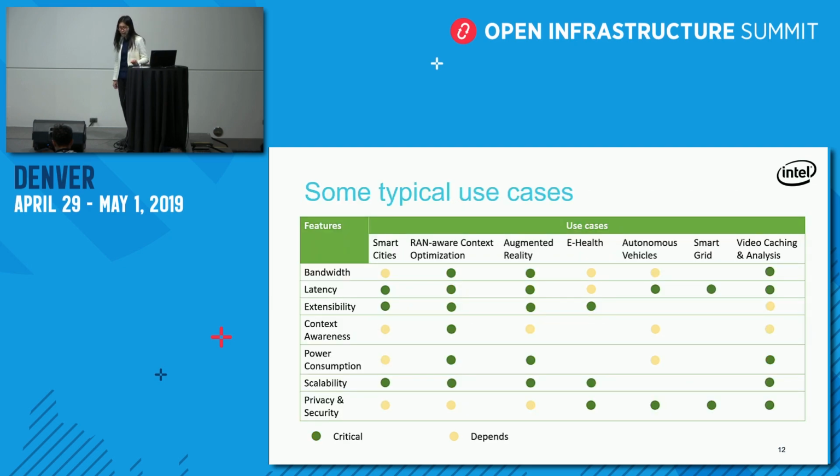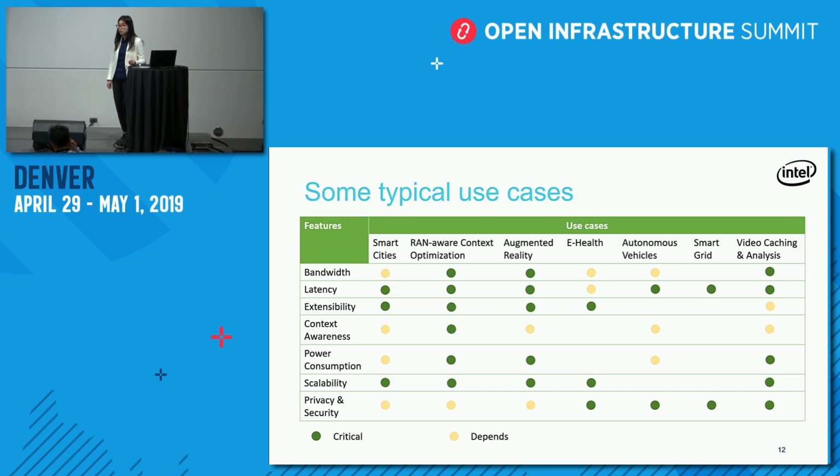So after we have that relationship here, we're going to take a little bit of a deep dive into some typical use cases. I have 7 different use cases here which have different features. I have the criticals and depends using different colors here. And due to the time restriction, I'm going to choose one as an example.